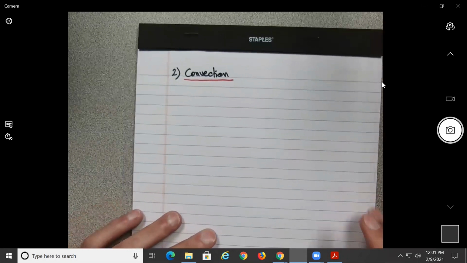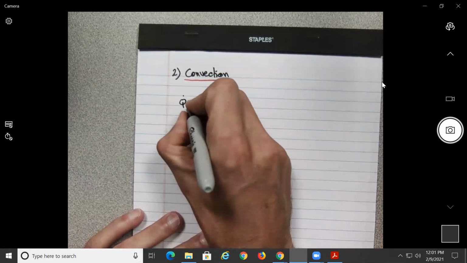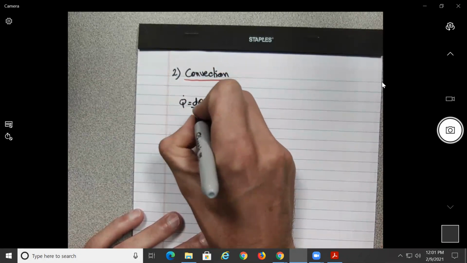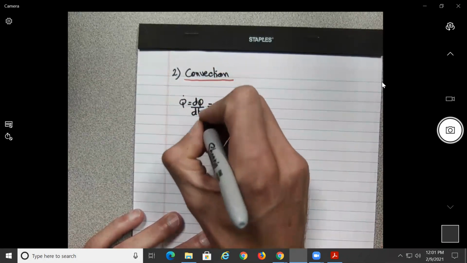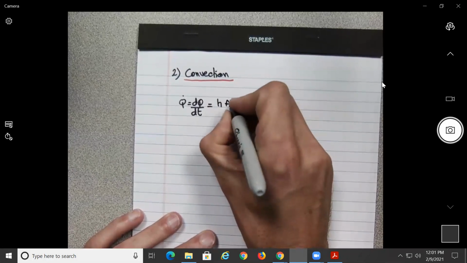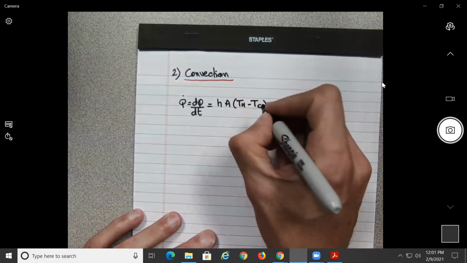Okay, so convection. I give you the equation: heat transfer, Q dot, which is equal to dQ/dt, the same thing, it's per unit time, is equal to hA, and over here let's say T hot minus T cold.